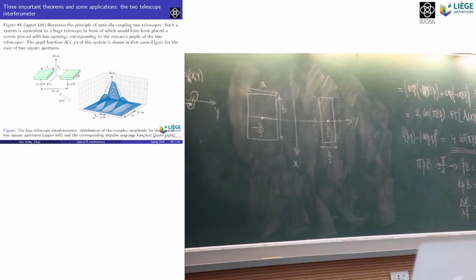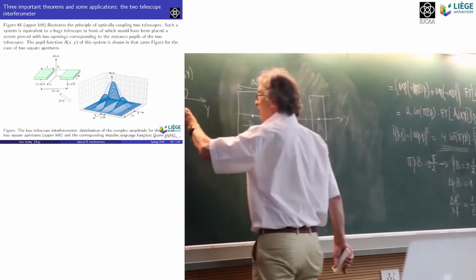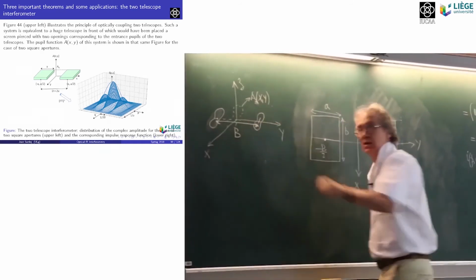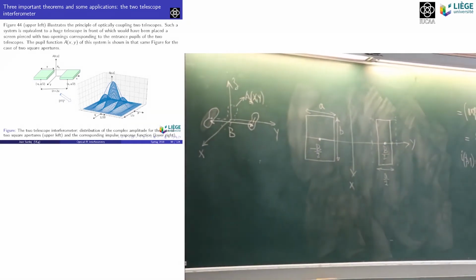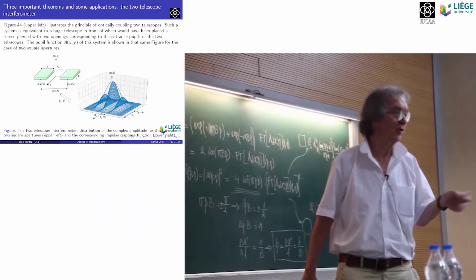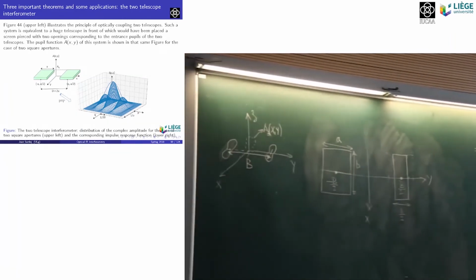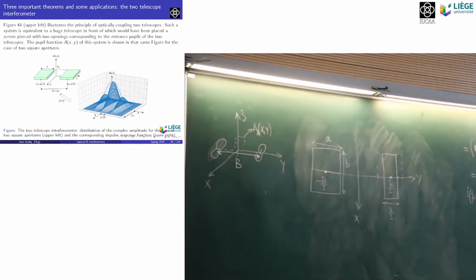Now, what is important to know is whenever there is a symmetry in your problem, the response function, so the Fourier transform, will be a real function. Now, this is not symmetric. So you will get a complex representation, but since the intensity is the square of the modulus of the distribution of the complex amplitude, it will be a real quantity.